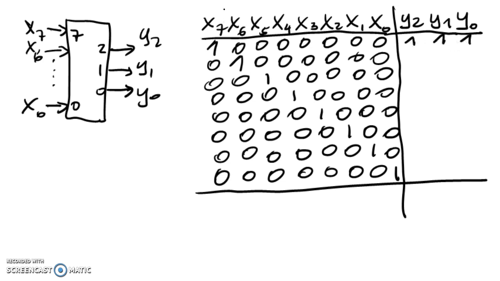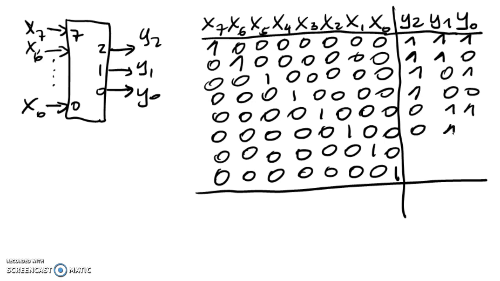This is index 7, so 7 is here. It is 6, sorry. It is 6, 1, 1, 0. It is 5, 1, 0, 1, it is 4, 1, 0, 0, and so on. 3, 2, 1, and 0. That's it. So the problem is how to find y2 without performing minimization.